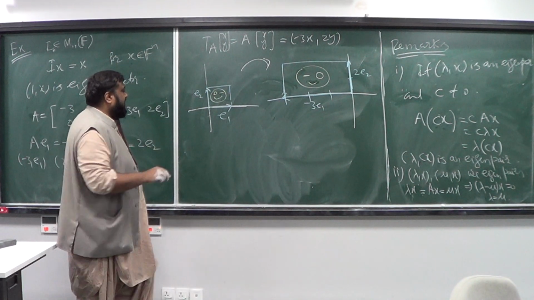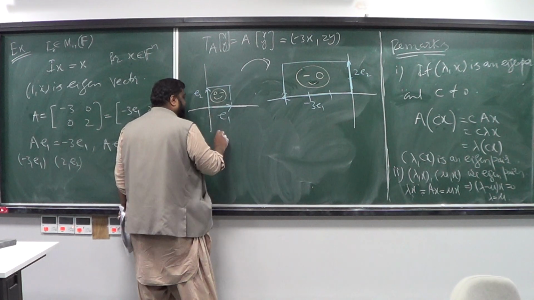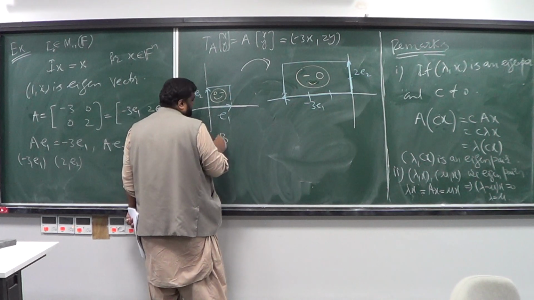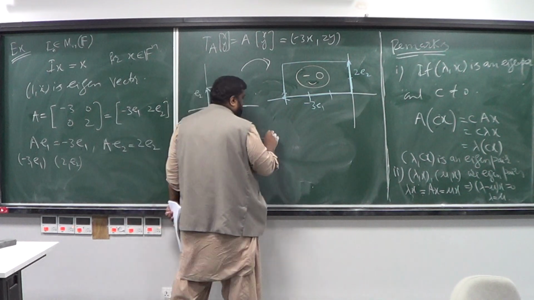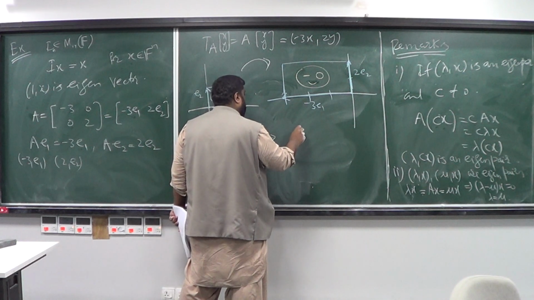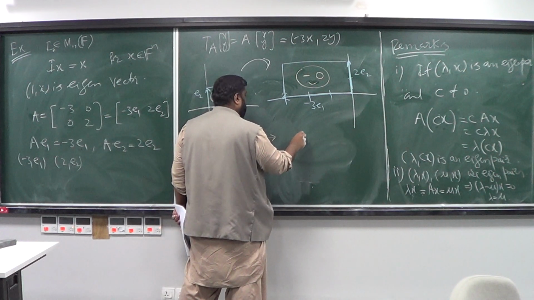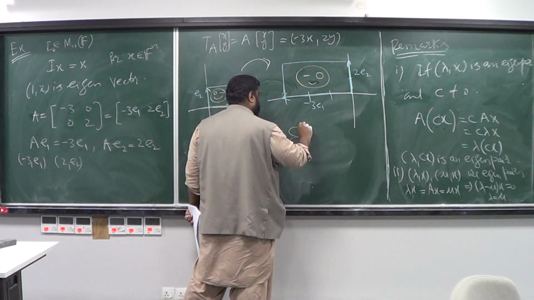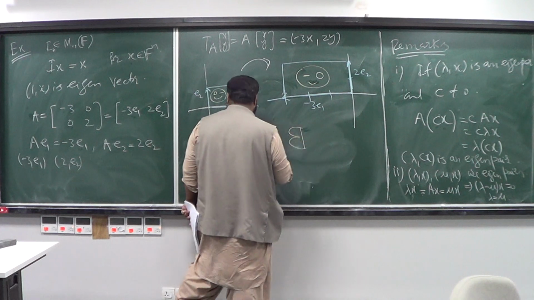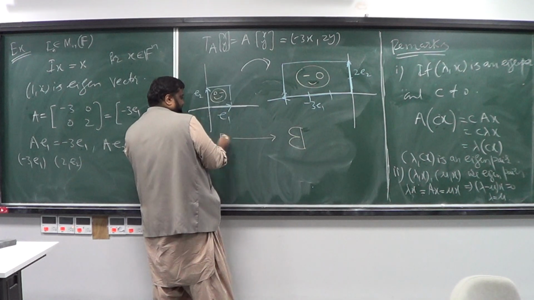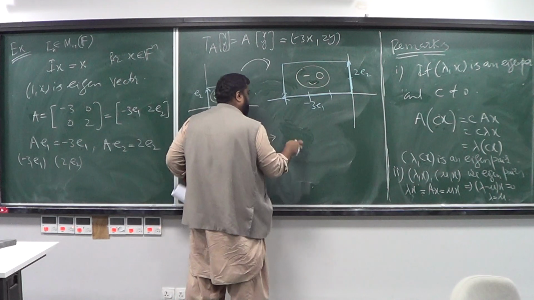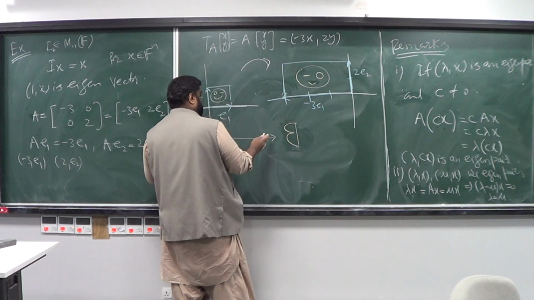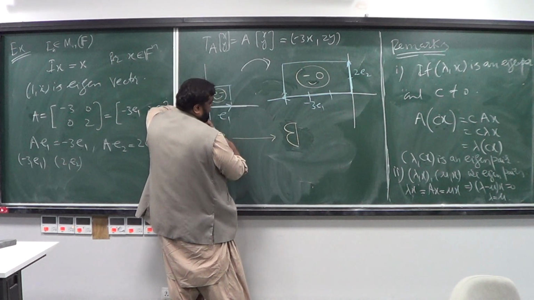So instead of taking this picture, if I take, for example, the letter B, put it in a box, it will be transformed into a B that has thrice the width of this, and the height is twice of this.